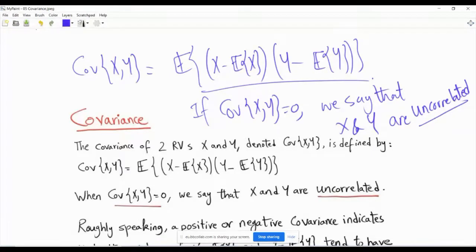So if I give you x and y that are independent and you compute their covariance, you are guaranteed to get 0, meaning that x and y are not just independent, they are also uncorrelated. But if I give you two random variables x and y whose covariance is 0, meaning they are uncorrelated, perhaps they are dependent. Again, independence implies uncorrelatedness, but the converse is not necessarily true.